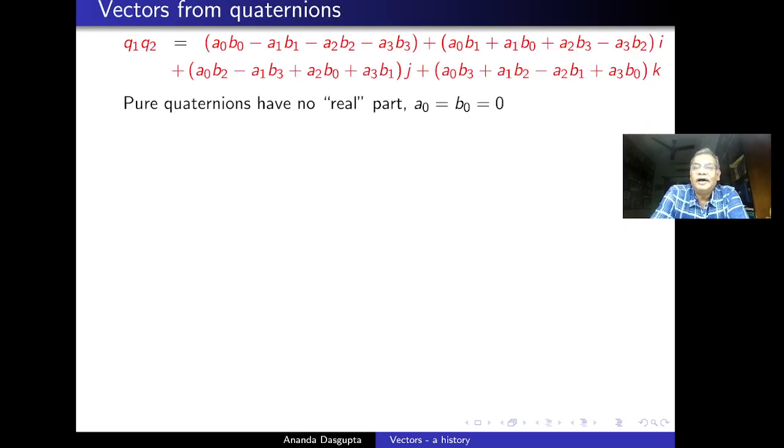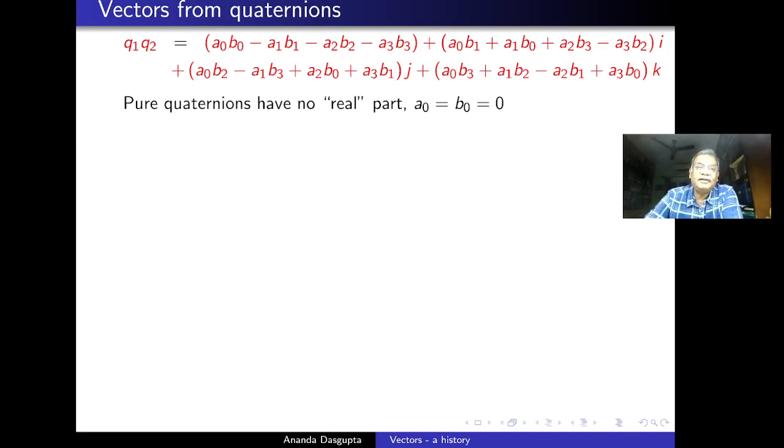Now, a special kind of quaternion would be one in which there is no real part. That is a purely imaginary quaternion, so to speak. Actually, people call these pure quaternions. No real part, just something into i plus something into j plus something into k.